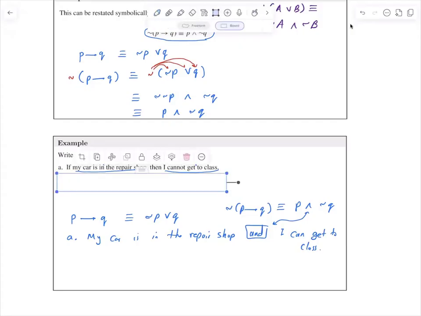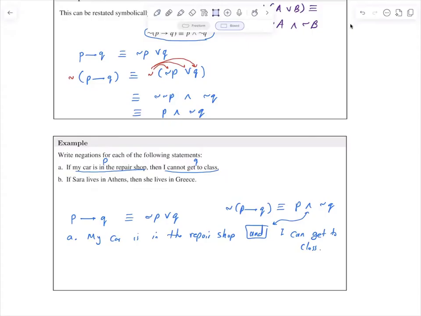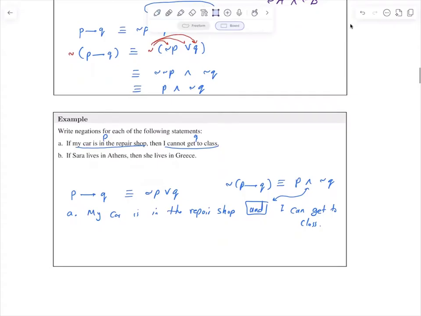Let's take a look at another example together. If Sarah lives in Athens, then she lives in Greece. So what's the negation here? Here we have P, Sarah lives in Athens, then she lives in Greece. She lives in Greece is going to be your Q. So again, in order to write down the negation, all you need to do is follow the logical equivalent to P and not Q. Your P, you're just going to copy down, Sarah lives in Athens.